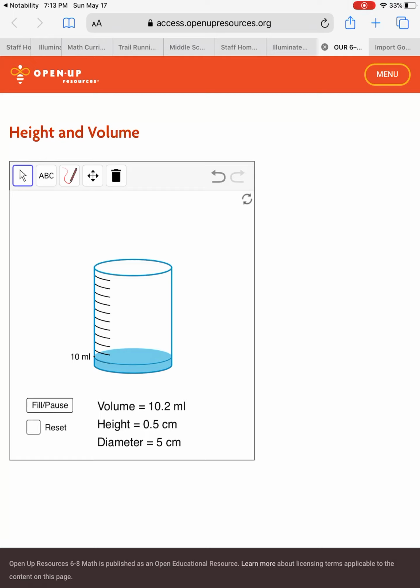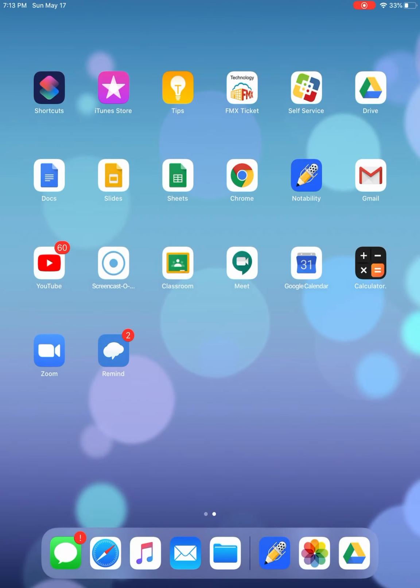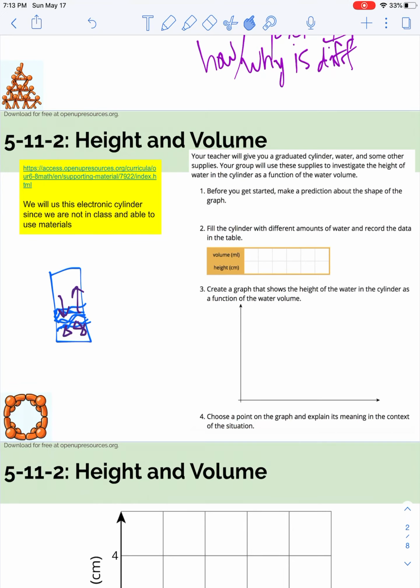Okay, 10.2, close enough. So we can just call it 10. When the volume is 10, the height is 0.5 centimeters. So we can fill this out. Volume is 10, height is 0.5.